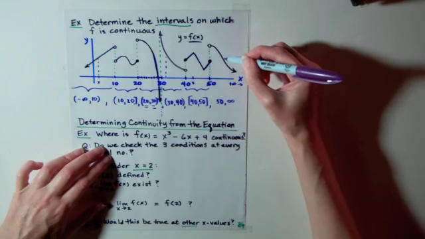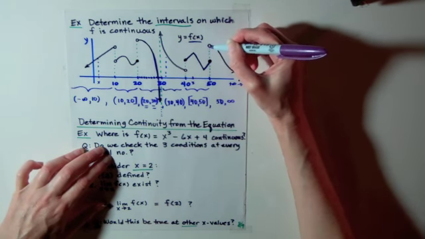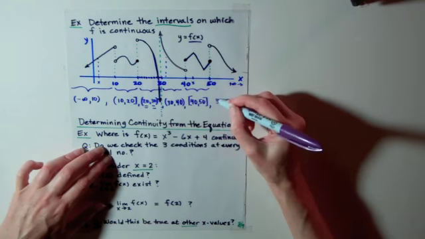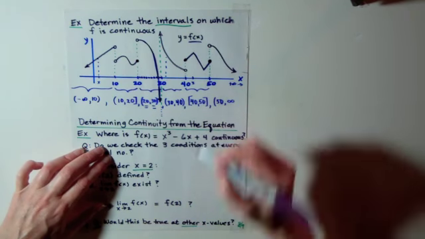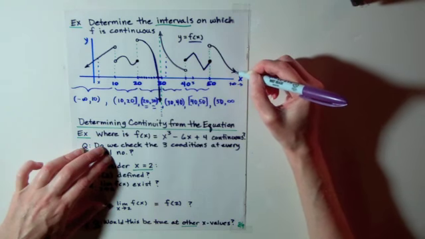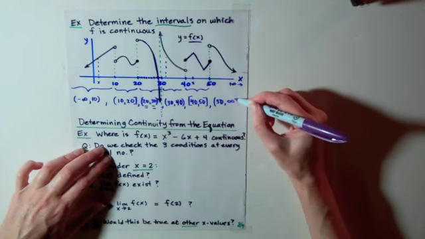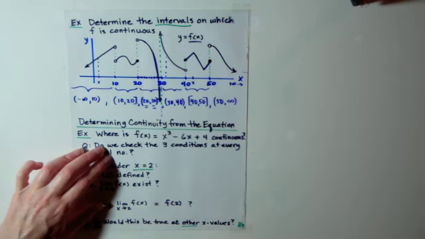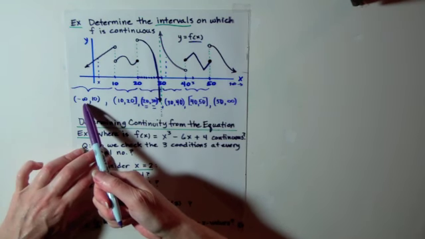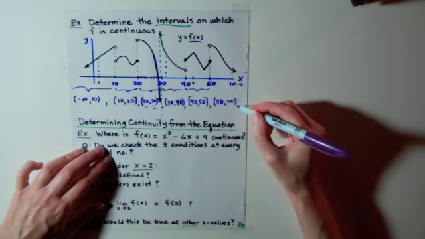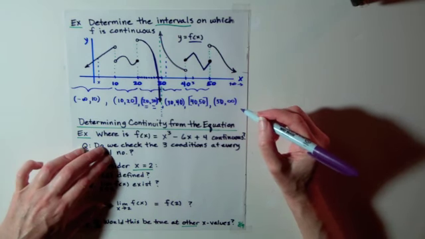If we look at this chunk of graph, there's an open hole here. The endpoint is not included, so I put a rounded parenthesis. And remember that we never reach infinity, and we indicate that by always putting a rounded parenthesis next to an infinity or a negative infinity. It's not a number I ever reach, so I would not want to use a square bracket there.